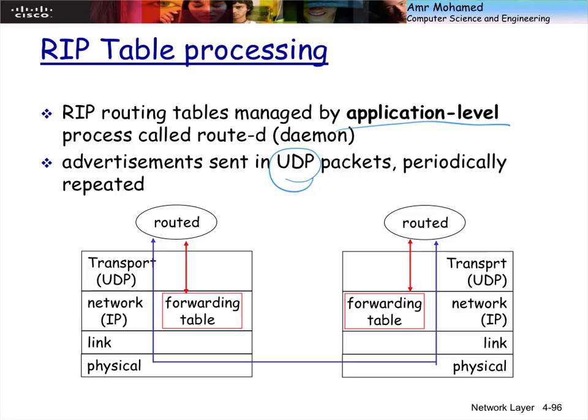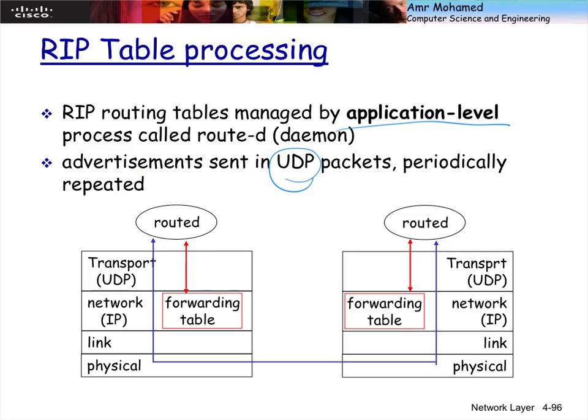EIGRP, by the way, uses IP directly, because IP actually is unreliable. It encapsulates the messages directly in IP. But in that case, EIGRP doesn't deal with ports. Remember, UDP uses port numbers.